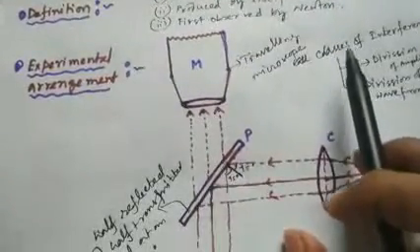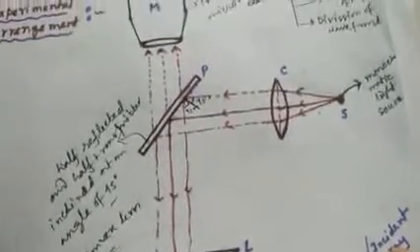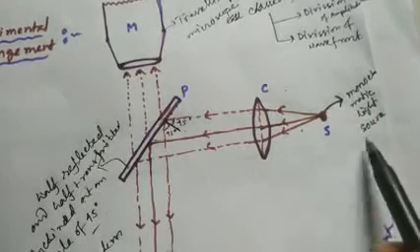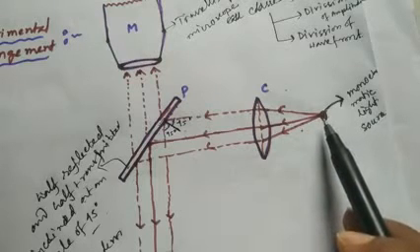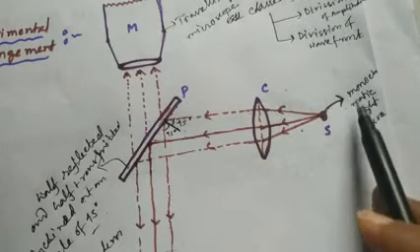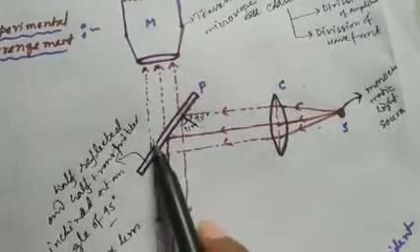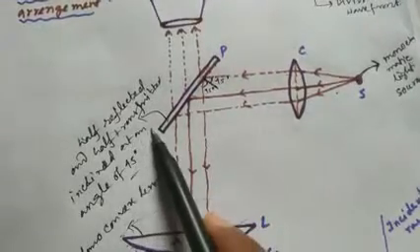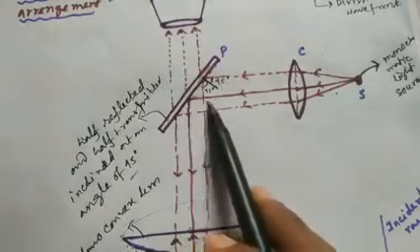Now, the experimental arrangement of the Newton's rings experiment. Here is the monochromatic light source. The source used for interference must be monochromatic. Then there is the convex lens C and P. P is a glass plate which is half reflecting and half transmitting, inclined at an angle of 45 degrees to the horizontal.